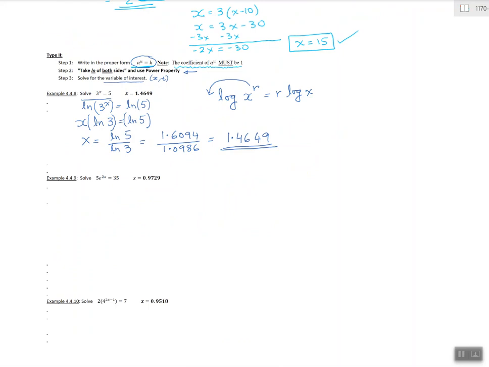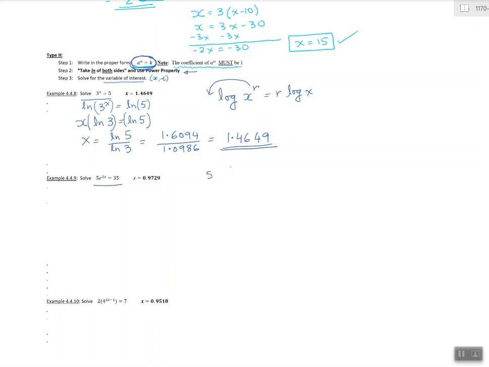So now let's continue to the next example. So now I want to solve 5 times e raised to the power 2x is equal to 35. But if you remember, the proper form requires that the coefficient of the exponent term should be 1. However, here you have 5.